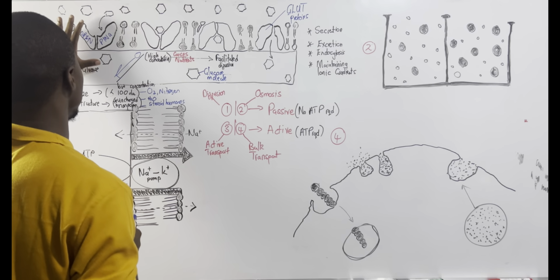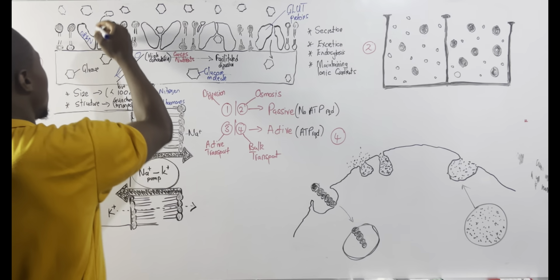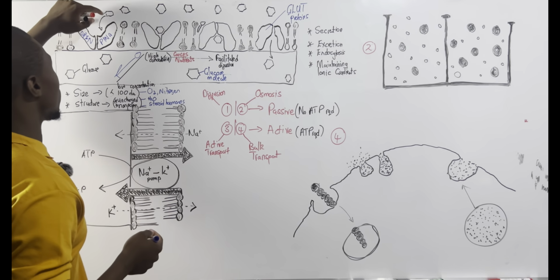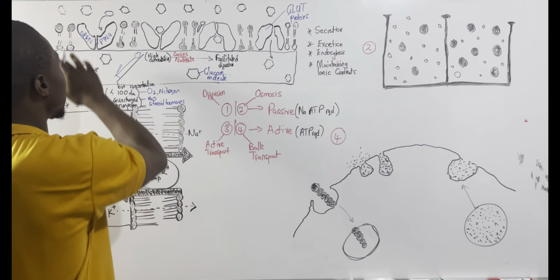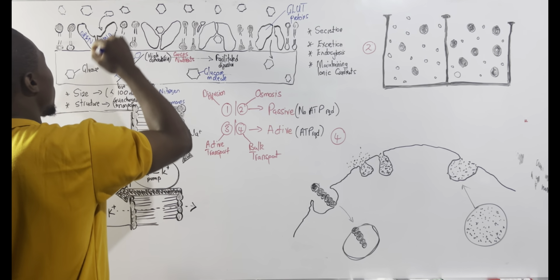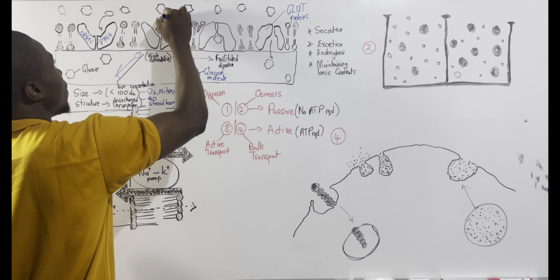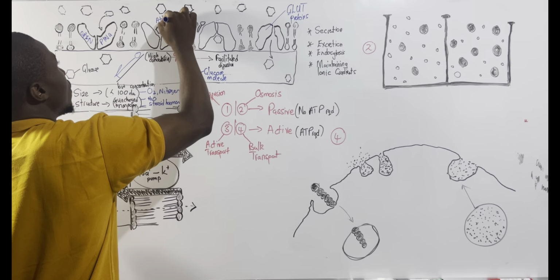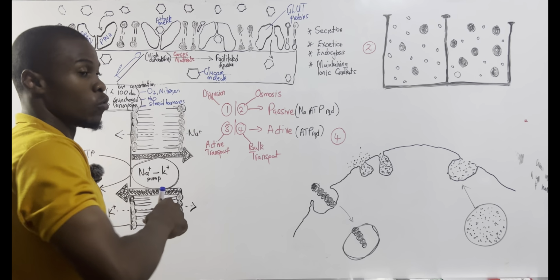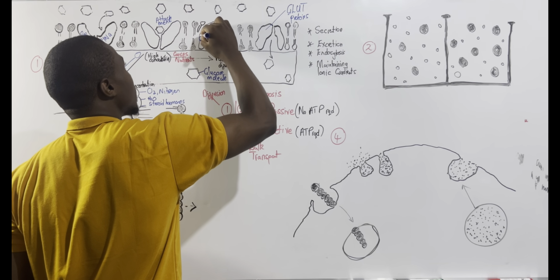So we have the open state, which is the ping state, and after it receives, you see this arrow moving here, a glucose molecule will attach to the receptor side. Once it attaches, which is the next step, so here it's moving, and then here there is attachment. Once attachment happens, it will switch and face the other side, which we now call the pong state.